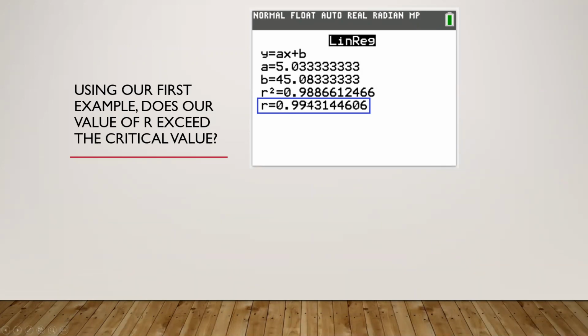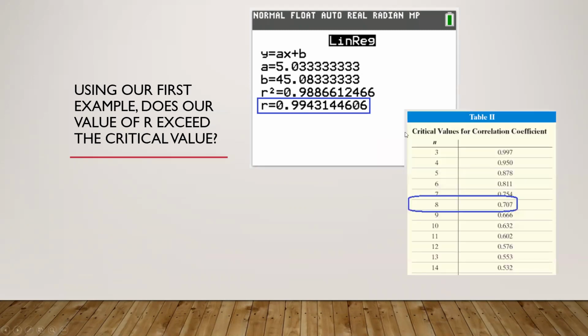But what if it was like 0.65 or 0.7? You know, is that enough evidence to say that there's a linear relationship between the values? So you use this thing called the critical values for the correlation coefficient here. So this table is in your slides from last week, but it's also here. All you do is you go to N. This is your sample size. All right, this problem had 8 students in it.